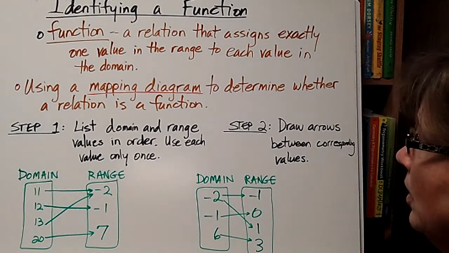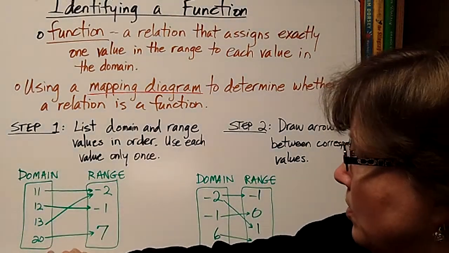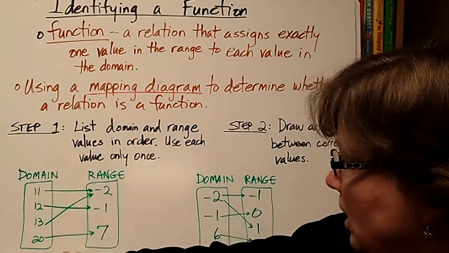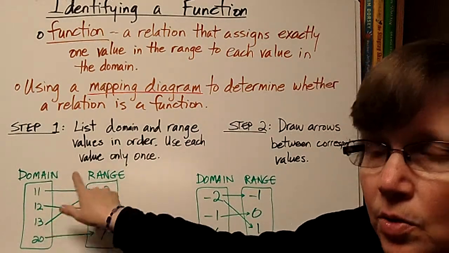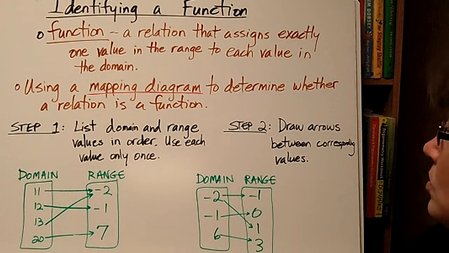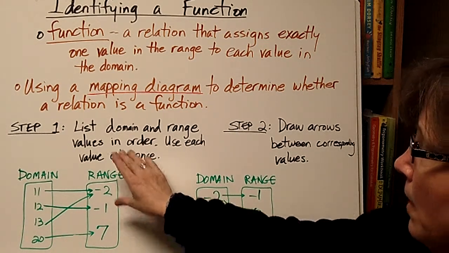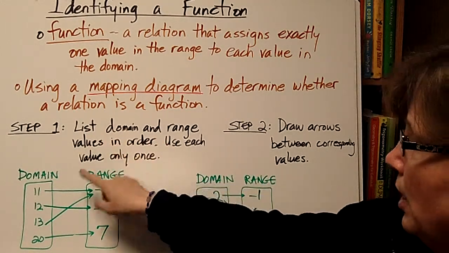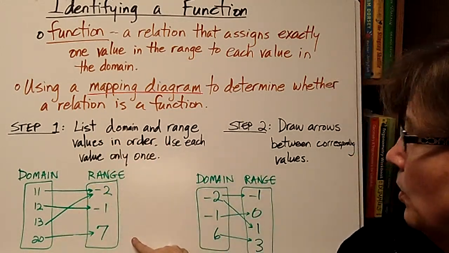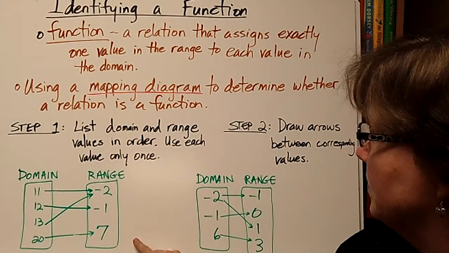Your mapping diagrams are these type things where you list the domain and range and you point to the connecting ones with arrows. So if you would look here in this example, we've listed the domain and range values in order. We've used them only one time.